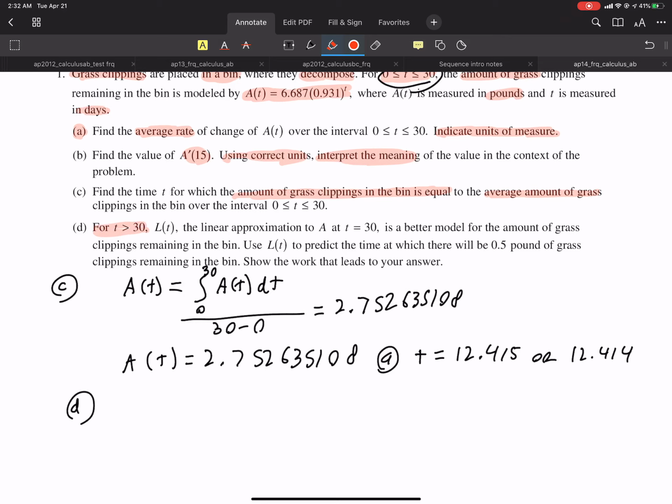Now we're going to part D. So after the 30 days, we want a linear approximation. A linear approximation, you have to know linear is a line, and the approximation that's a line is also known as a tangent line approximation.